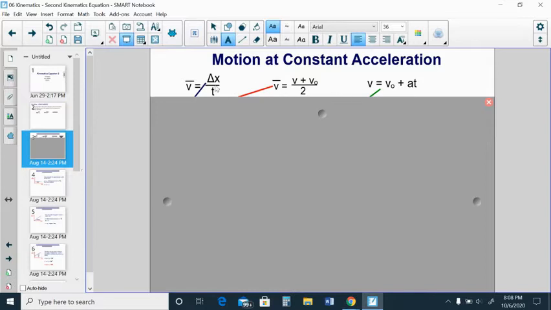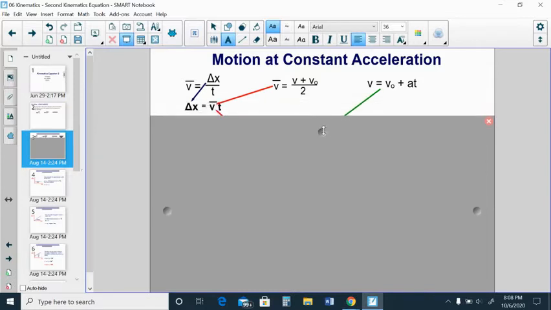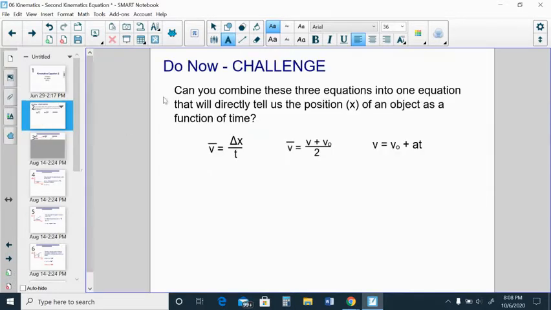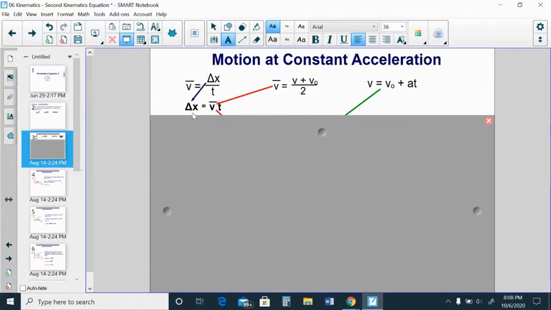Now, how do we take these three things and turn it into one equation? Well, let's look at the first step here. By rearranging this first equation for displacement, since what we want to do is figure out an equation that could tell us the position of an object as a function of time, we want to get that displacement on the left side of the equation.